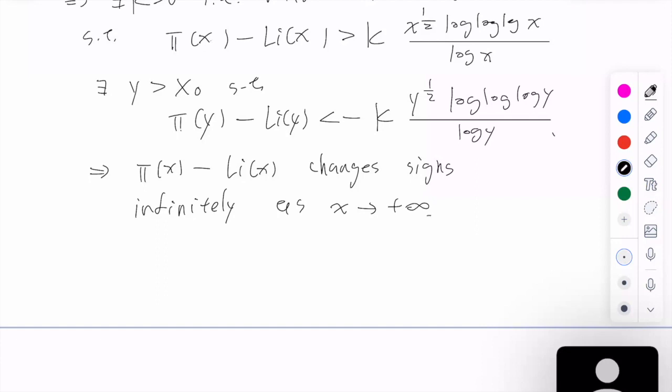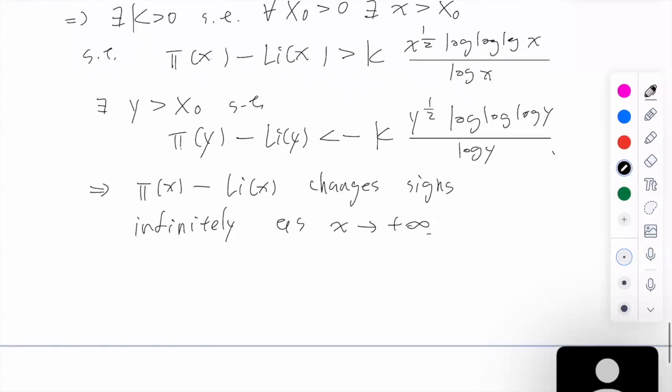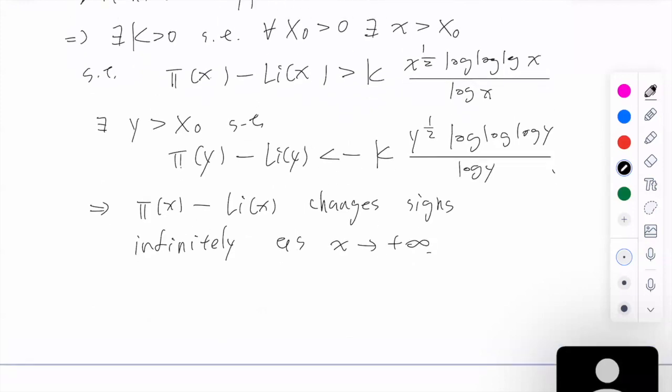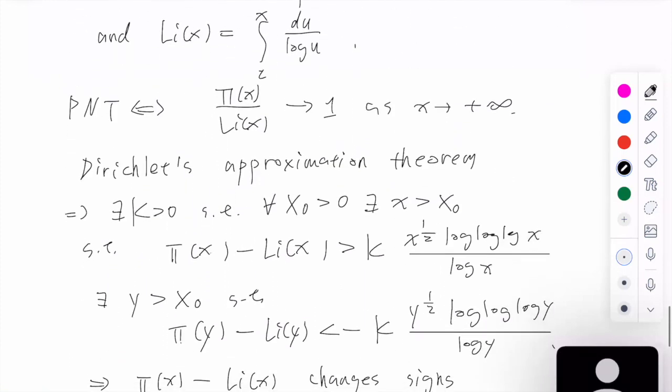The reason we can say infinitely is because the number x0 can be arbitrarily large. As a result, we have the following sign change theorem. So this is the application of our theorem.